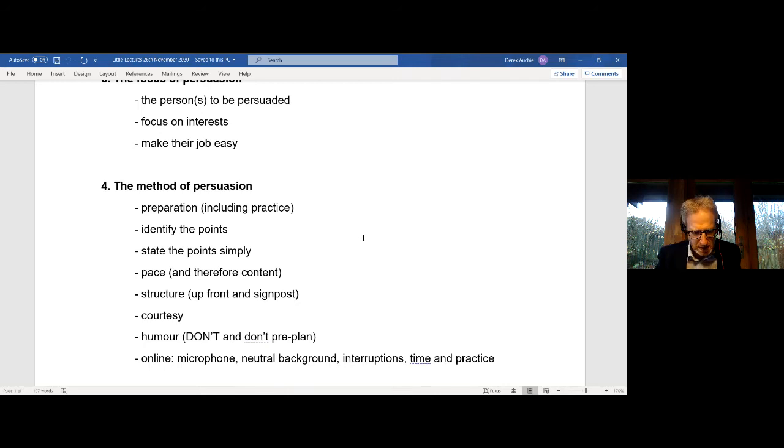You may have your own ideas, and obviously you may challenge some of what I say, and that's fine as well. But these are my thoughts from my career in advocacy, when I was a lawyer trying to persuade judges to decide the case in my favour.